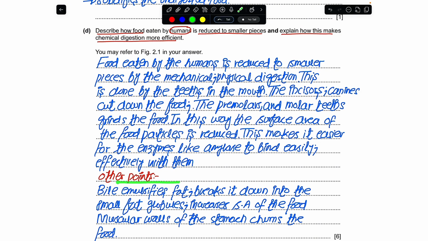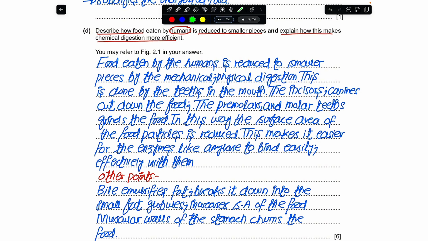Now, here there is another way around in terms of physical digestion: the bile that comes from the gallbladder into the small intestine, although it appears to be a chemical secretion, does not have any enzymes in it.